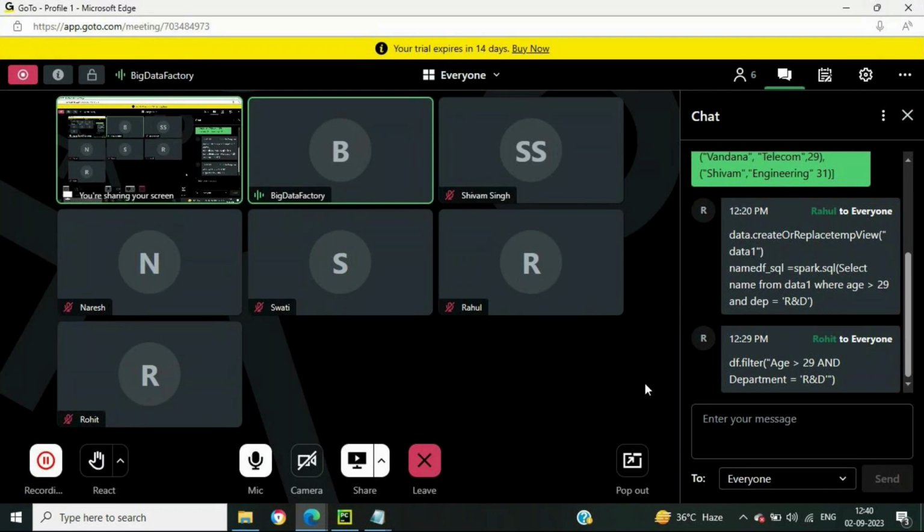So what will be the code for writing the data on disk?